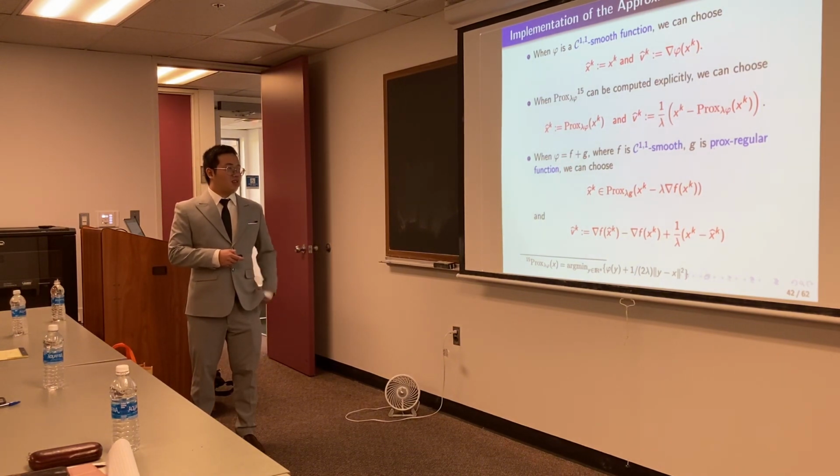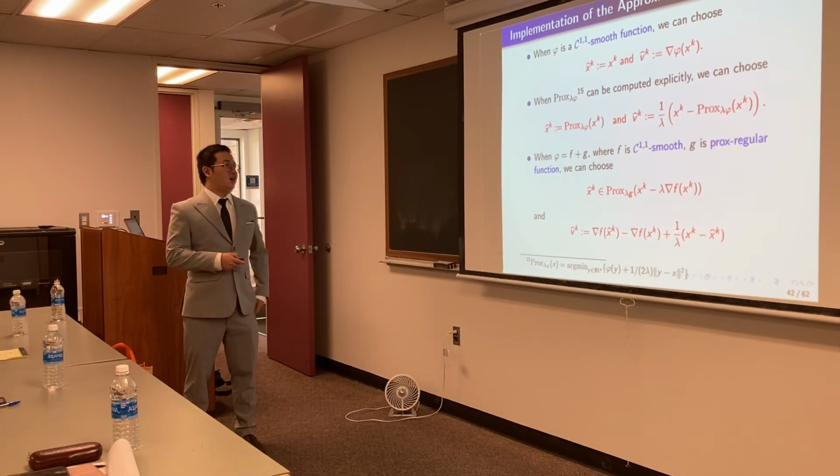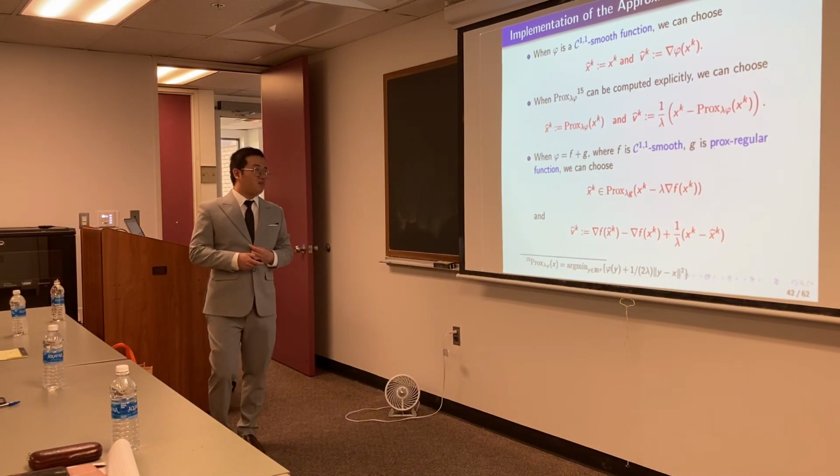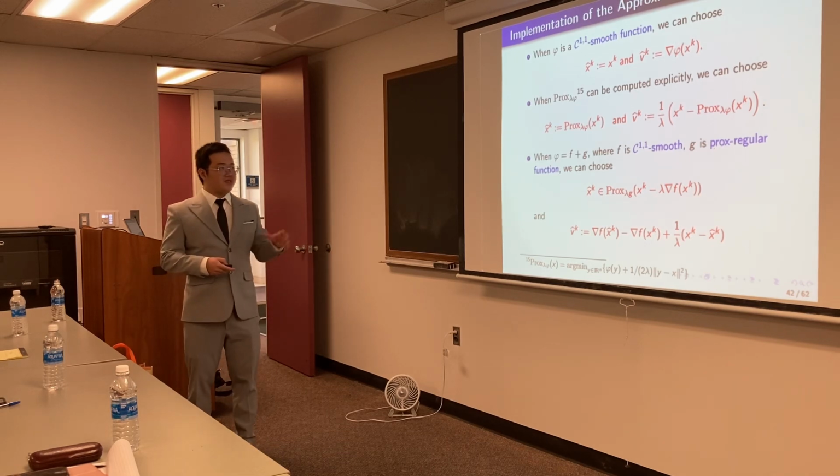This kind of function covers a lot of functions in machine learning and statistics, right? Like the lasso problem belongs to this class of functions. It's very important, and it covers a lot, including support vector machines and the L0 regularized least squares problem, which are very important in machine learning and statistics.